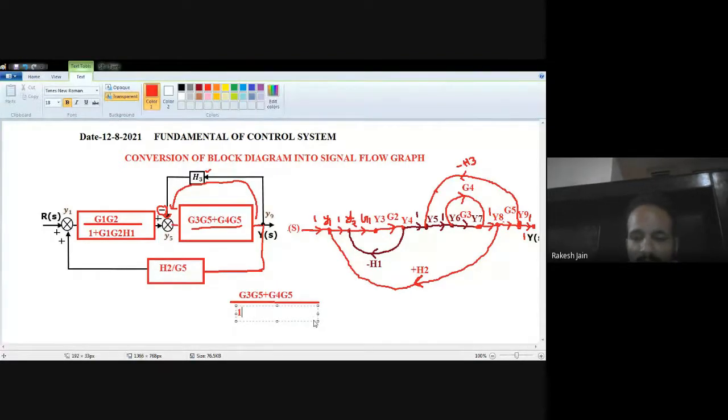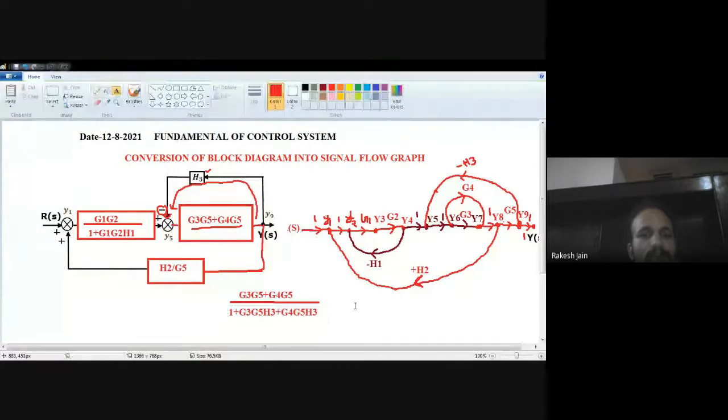Because there is a negative sign, I just draw a plus sign. So forward is G3 G5 plus G4 G5, multiplied by H3, so both terms will be multiplied by H3: G3 G5 H3 plus G4 G5 H3. So this will be my final result.